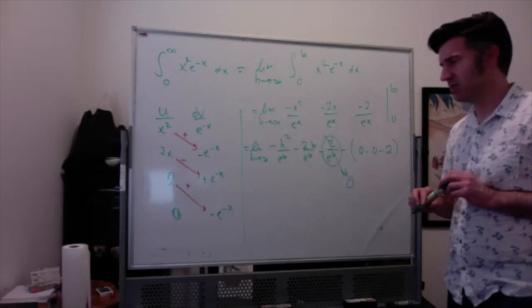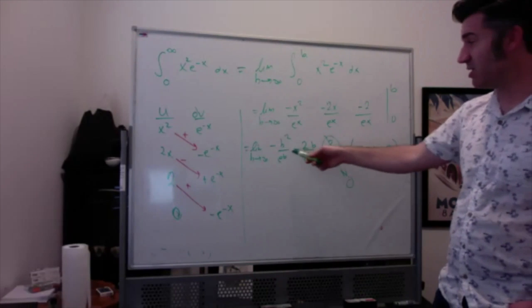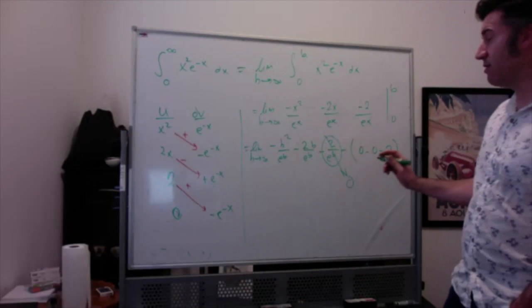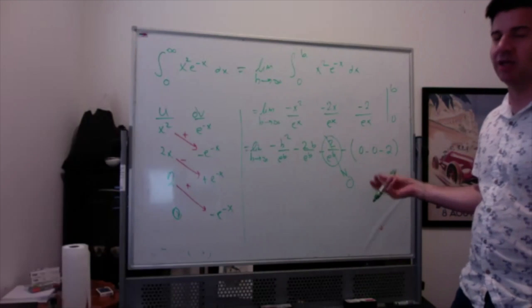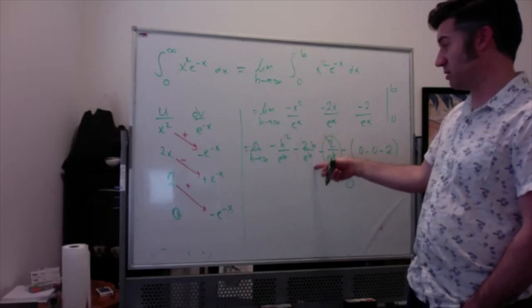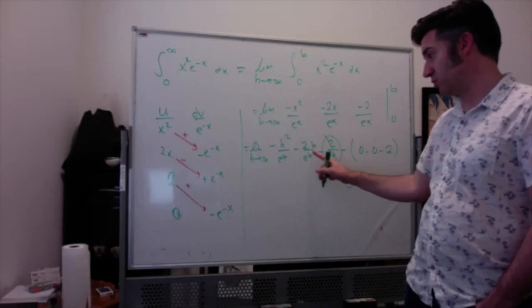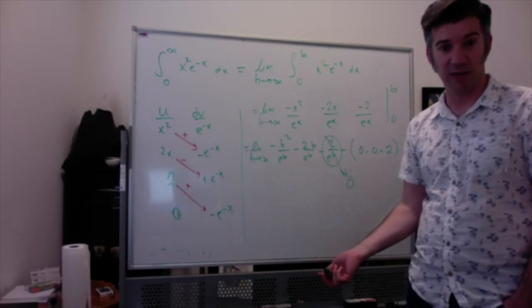Okay, but now this one's an infinity over infinity type, and so is this one. So even though some teachers are cool with you just saying that this limit's 0 because the bottom gets bigger faster than the top, technically what you should really do for this one and for this one is use L'Hopital's rule.